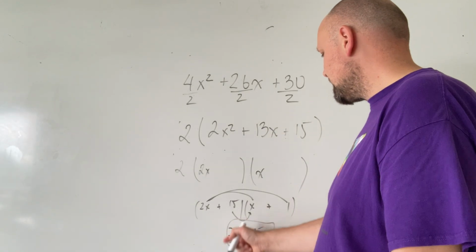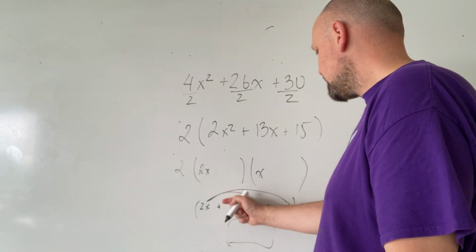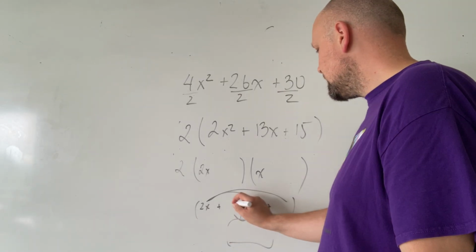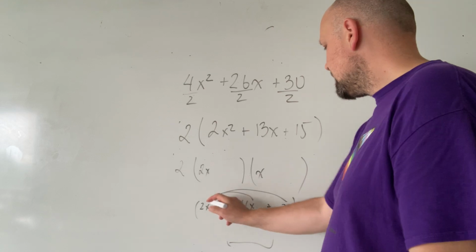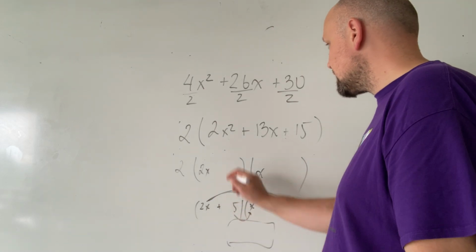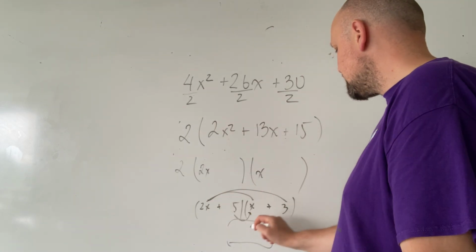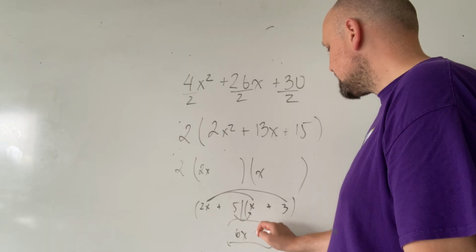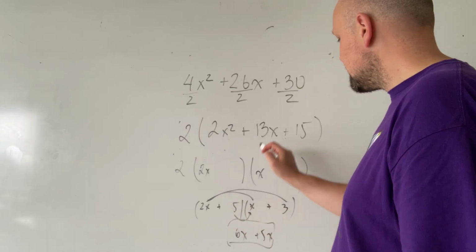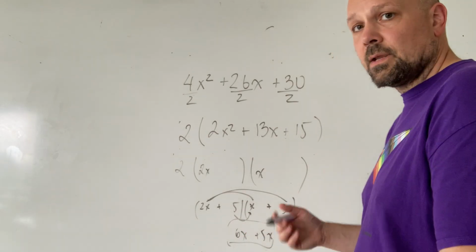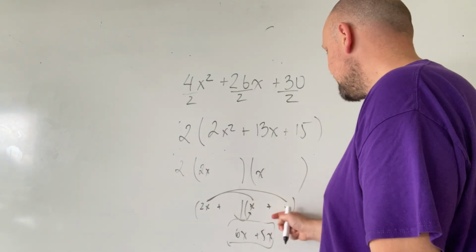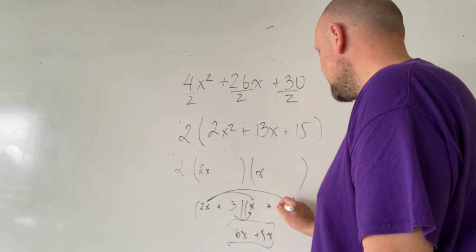So let's try something else. What if it was 5 and 3? 2x times x is 2x squared, that's good. 2x times 3 is 6x, plus 5x, that adds up to 11x. Still no good. What if it was 3 and 5 instead?